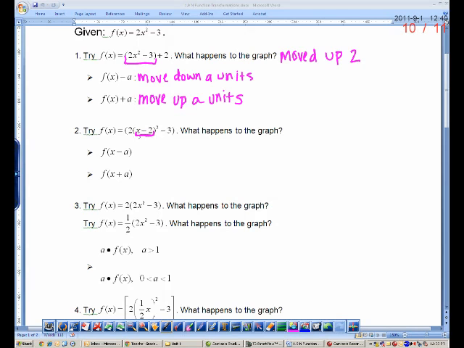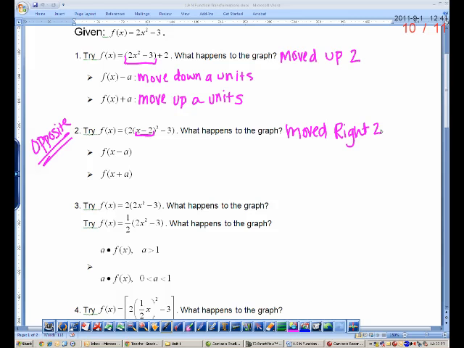Okay? In this case, it's always opposite what you think is going to happen. So we subtracted 2 from x, and what happened was the graph moved right 2. It moved opposite what we thought would happen.